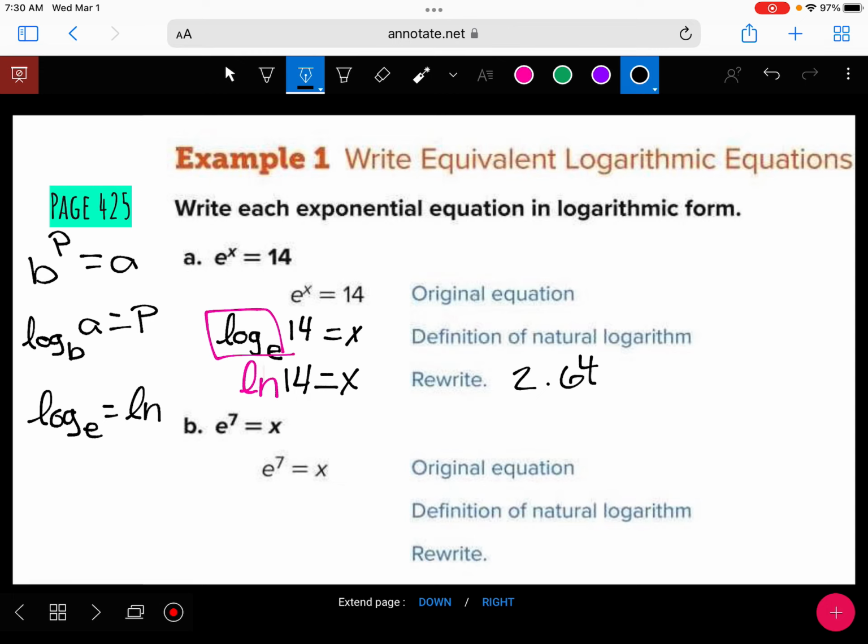So let's do the same thing for B. First things first, we're going to write it as a logarithm. So we're switching this around, B to the P equals A, log base B of A equals P stuff. So we're going to have our log with a base of e of x equals 7.